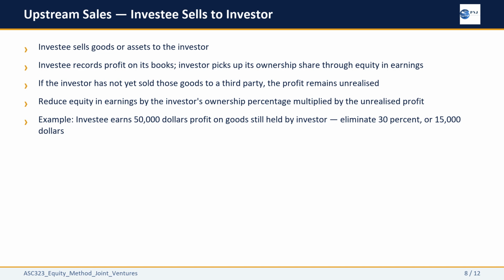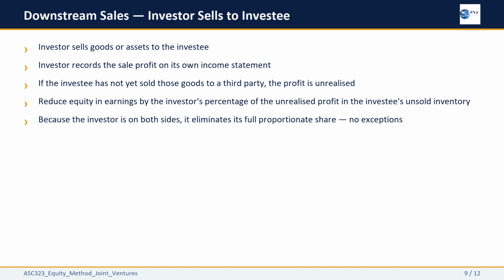Downstream is the mirror image, where you are the seller. A downstream sale flows from the investor down to the investee. You sell inventory to your investee. You book that profit on your own income statement, and separately you are picking up earnings through the equity method. If that inventory is still sitting in the investee's warehouse at period end, the economic cycle is not complete.